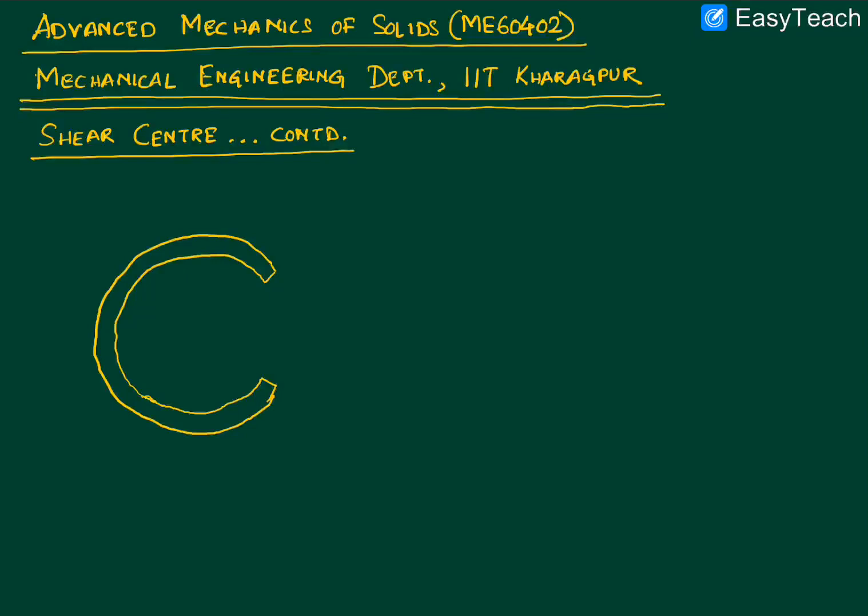So it might occur to us that for the purpose of finding out the shear center, we really do not have to bother about the loading that is imposed on the beam, and that is true. We really should not be worried about any kind of loading, because as long as we are absolutely sure about a very specific cross section, we can be sure of the way of finding out the shear center.